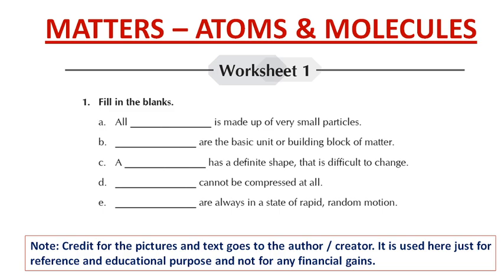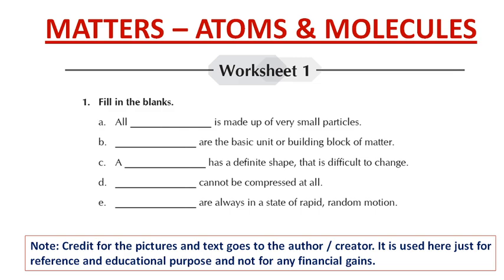Those very small particles, of course, are atoms. Second, dash are the basic unit or building block of matter. That means the basic, smallest unit. Which one? Atoms. Atoms are the basic unit or building block of matter.